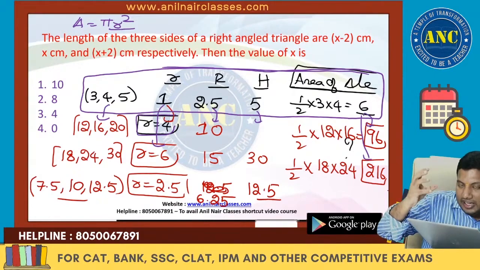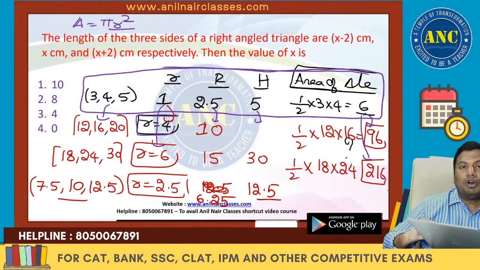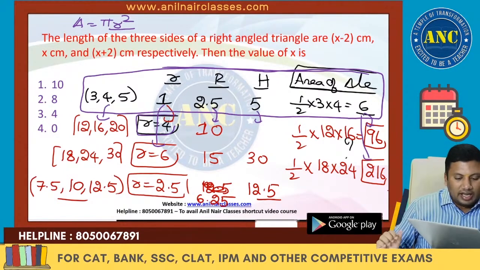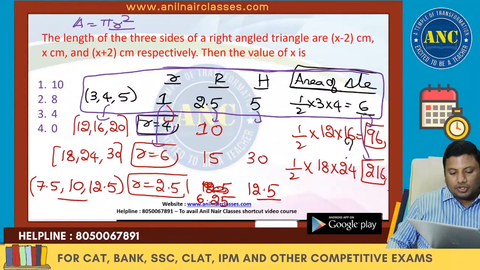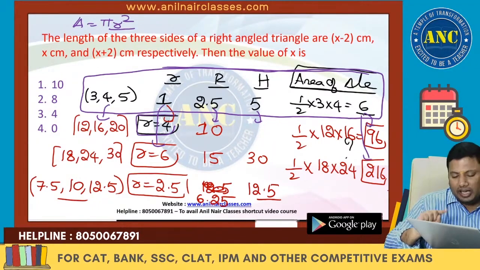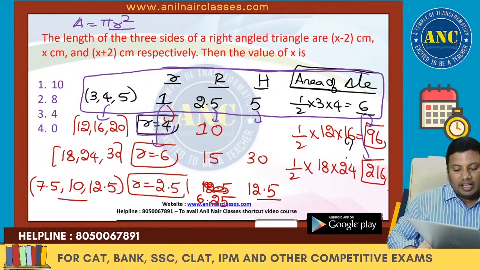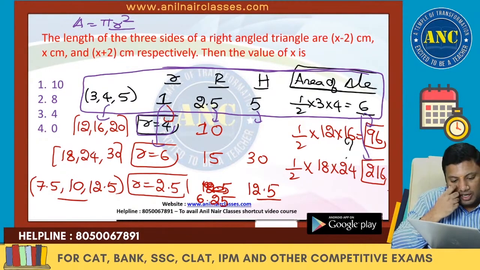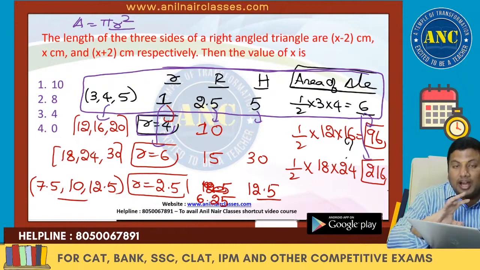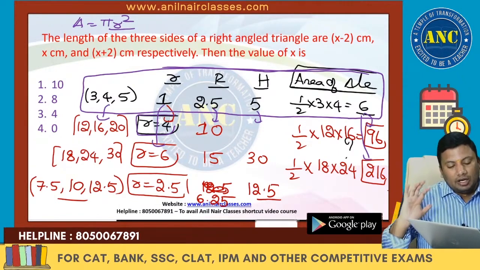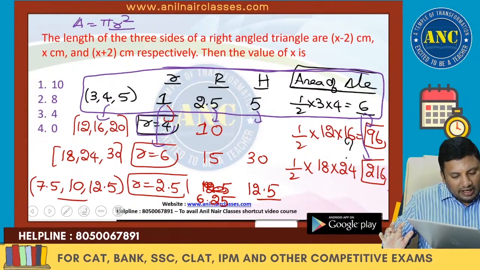So if the radius is 4 times, the area becomes 4 square, 16 times. If it is 6 times, the area becomes 36 times. If the radius is multiplied by a factor, the area gets multiplied by the square of that factor. Very important. I am going to take some problems based upon this. Value substitution is an extremely important method in geometry.